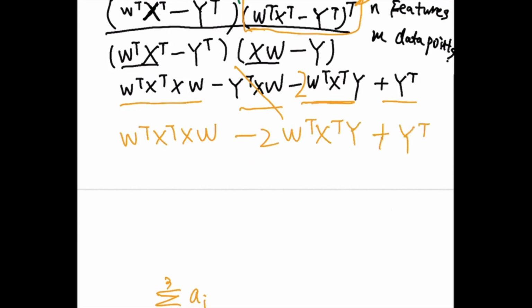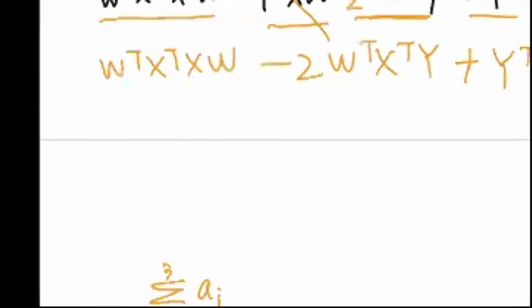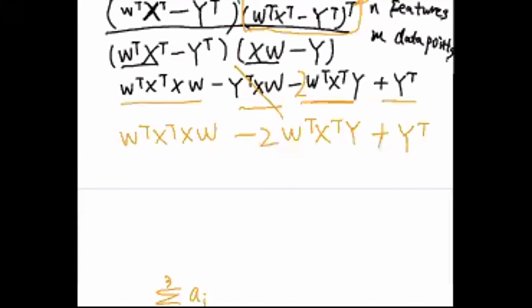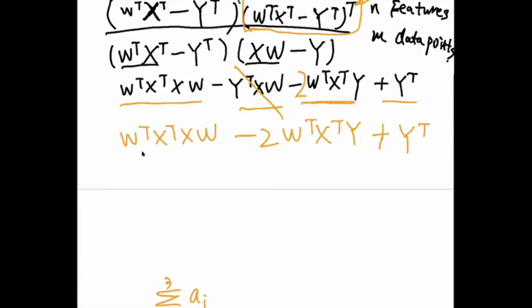What's the question in the book? Let me have a look. The question in the book is which one? Let me see which one. It's called a quadratic form.